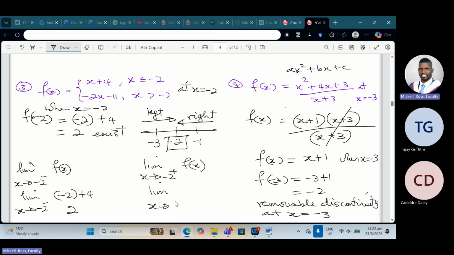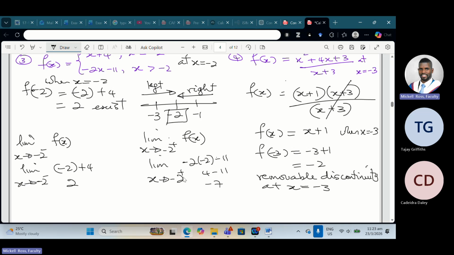Because you're now approaching from the right-hand side, the values of x are greater than negative 2, so you have to use this function, which is negative 2 times negative 2 minus 11. That gives you 4 minus 11, which is negative 7. So notice these two are not the same.